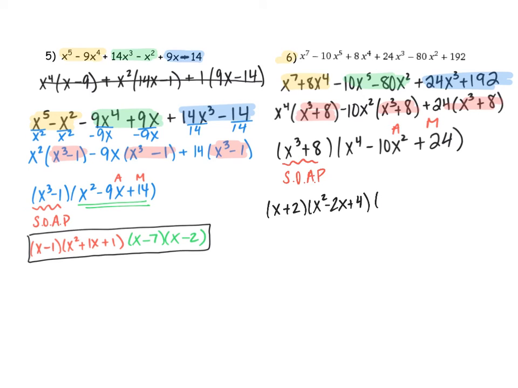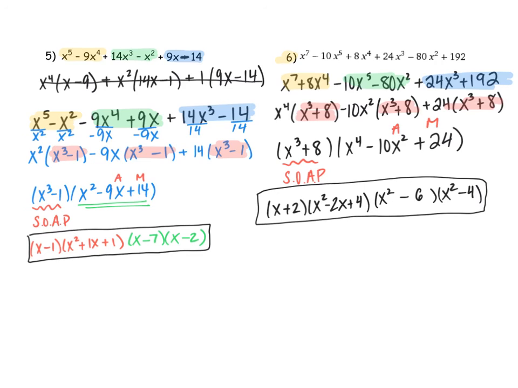And then when you factored this last parenthesis, x squared times x squared gives me the x to the fourth. And then the factors of 24 that add to a negative 10 are minus 6 and minus 4. And this should have been your final answer.